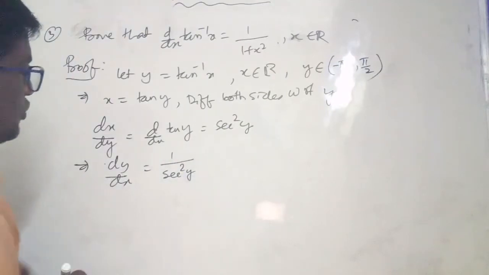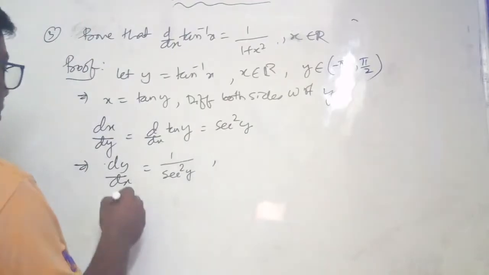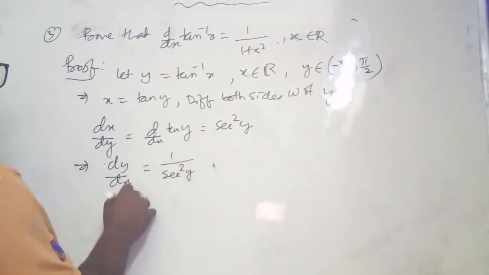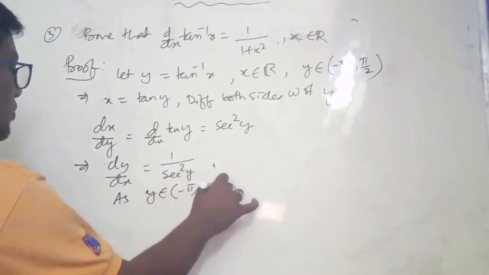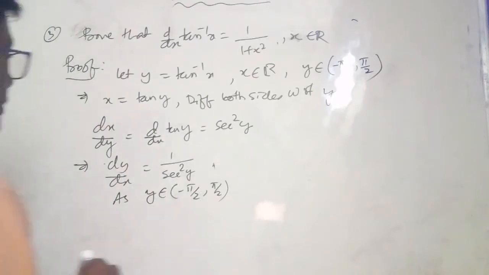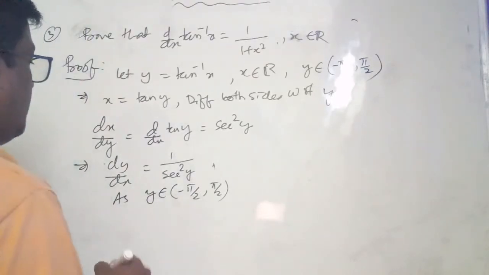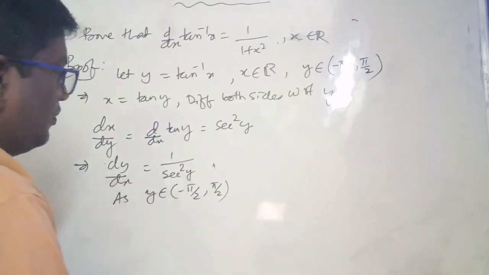Here sec square y is not equal to 0. Here y belongs to minus pi by 2 to pi by 2, then x belongs to what? Minus pi by 2 to pi by 2, since it is square form. Okay.